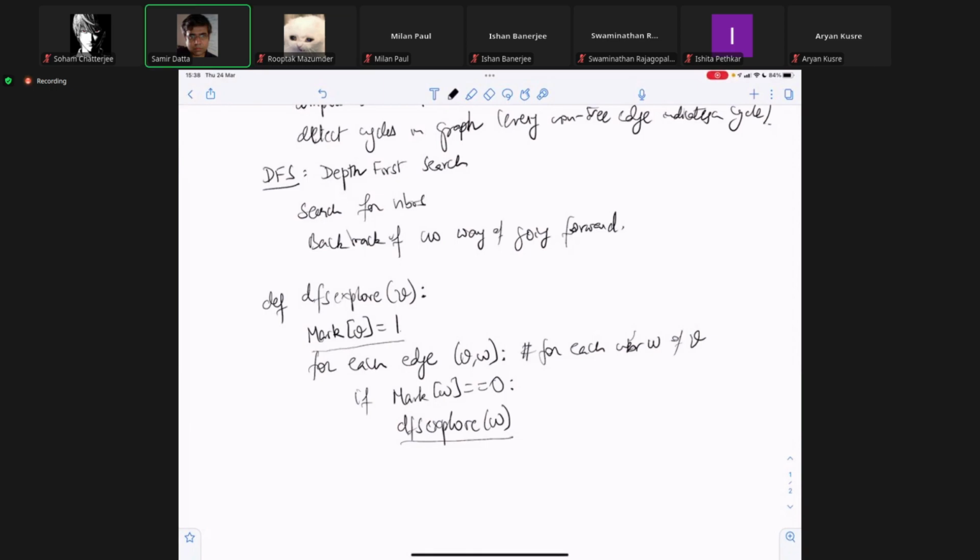And then for each edge W comma W prime, if mark W prime equal to 0, then DFS explore W prime, and that will again come here and so on. Correct? Yes, yes. So this is the first step in the DFS explore. We assume that V has not been explored, correct?